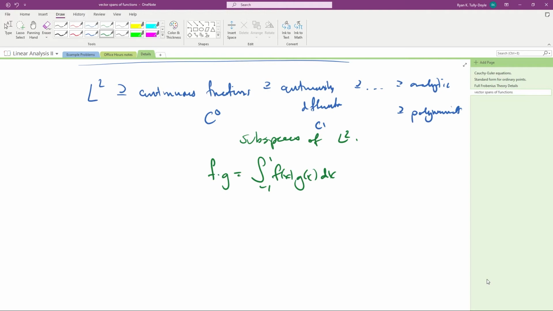So why does any of this matter? Well, the first thing we've got is we can project functions onto subspaces in L2 using the inner product formula that we had before.